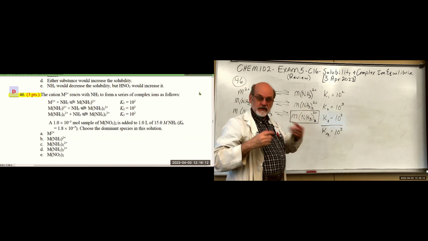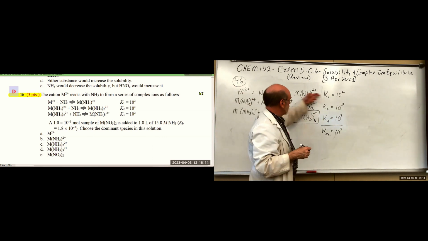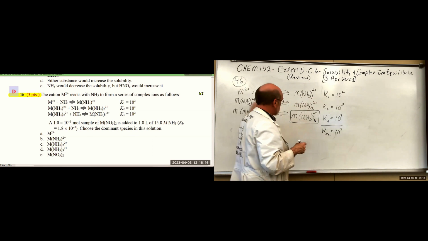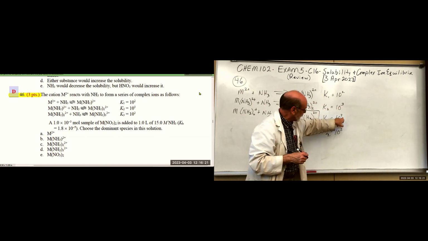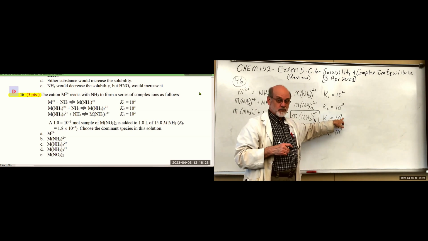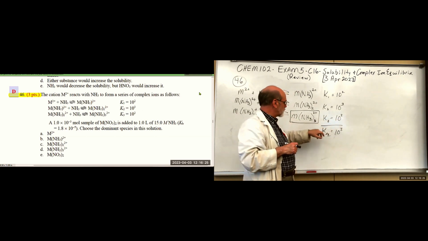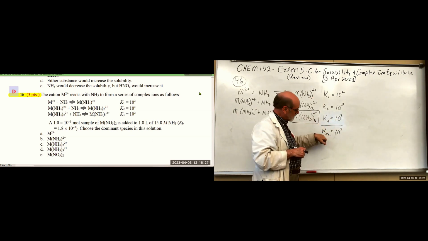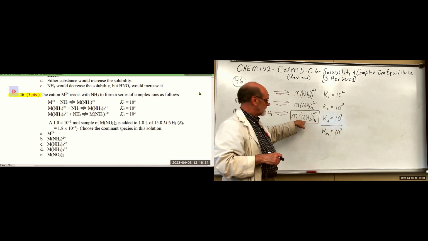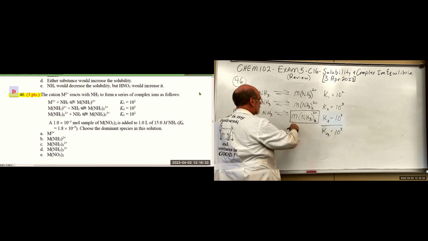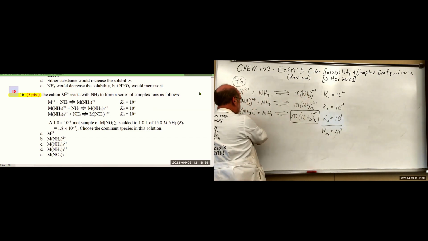You can reason it 2 different ways. It goes this way, and then as soon as it gets here, it's picked up and goes that way. And then as soon as it gets there, it picks up and goes that way because the K is so big. Or you can do overall and say, okay, with this K at 10 to the 7th, it has to be that one. Because when you add all these together, that cancels out, that cancels.